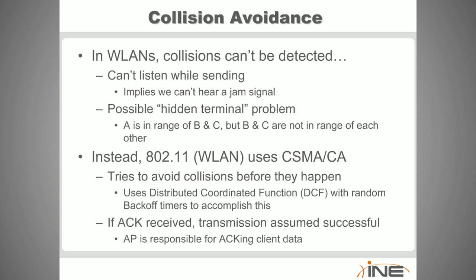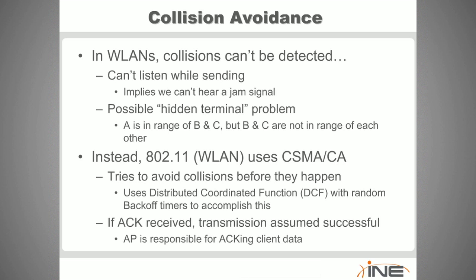So it's a little bit misleading when you look at some of the vendor marketing information, which is going to be true whether we're talking about 802.11a, b, g, or n. They're all going to have this shortcoming that they have to run the CSMA-CA algorithm, or the carrier sense multiple access with collision avoidance.